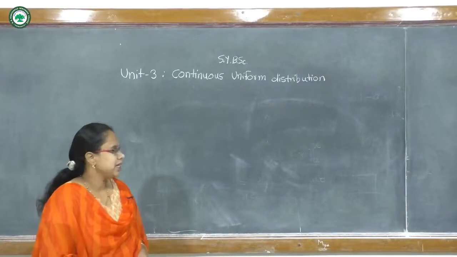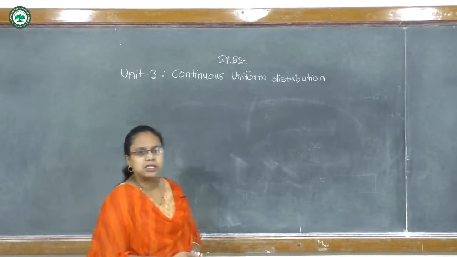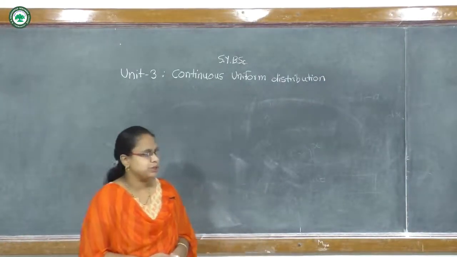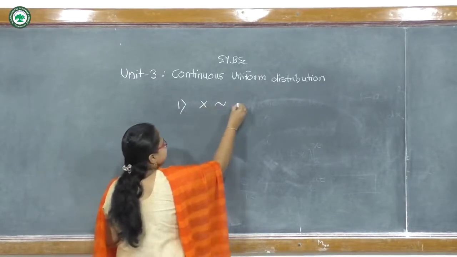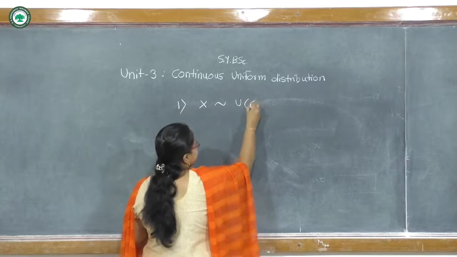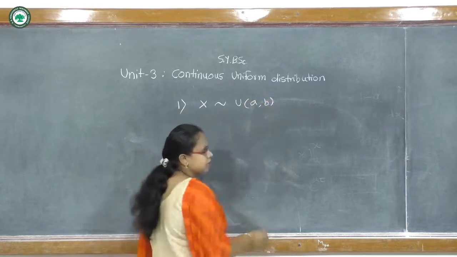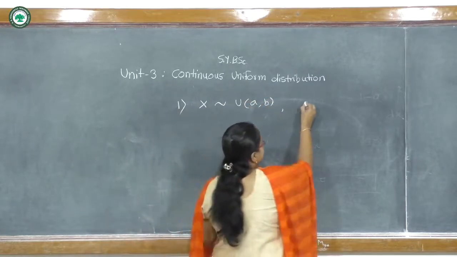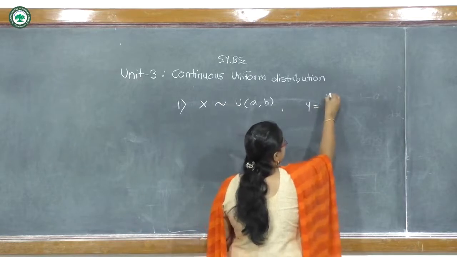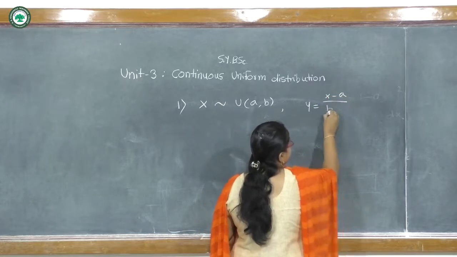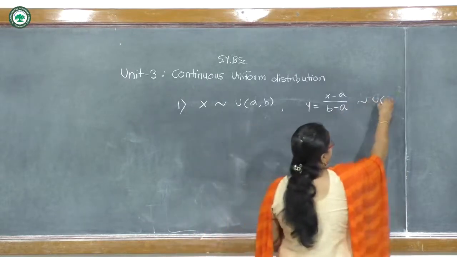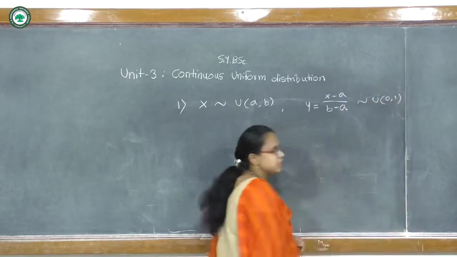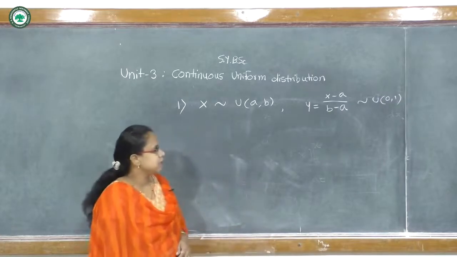The next point is some results related to uniform distributions. The first is, suppose X follows uniform with a comma b, then a variable Y equal to (X minus a) upon (b minus a) follows uniform 0 comma 1. So let us prove this result.